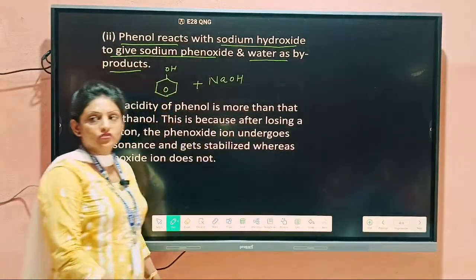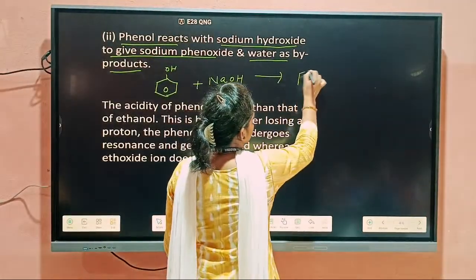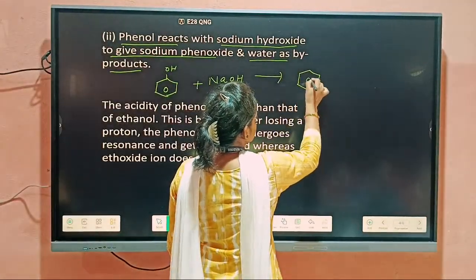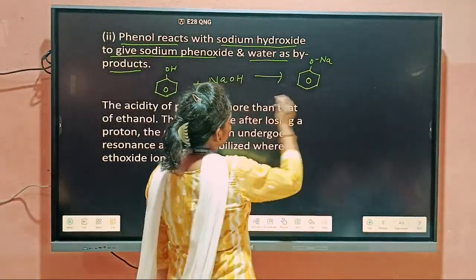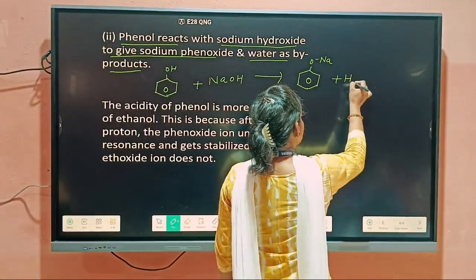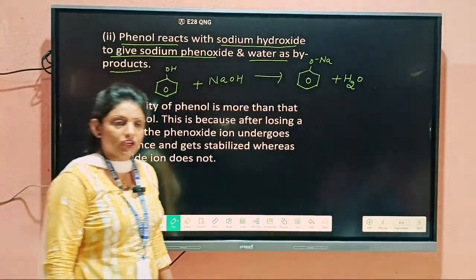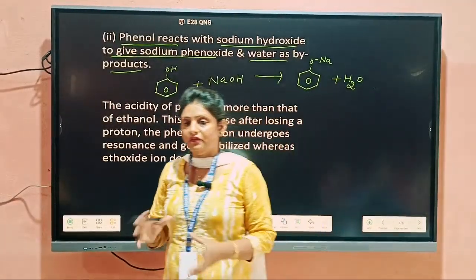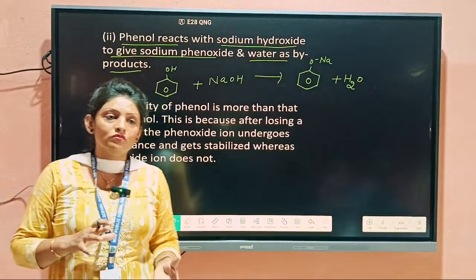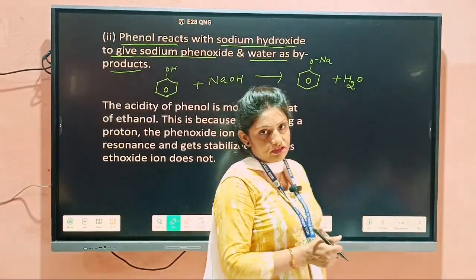This is the formula of sodium hydroxide, and it gives sodium phenoxide plus water. Students, you know very well about the acid-base neutralization reaction. When an acid and a base react with each other, they form salt and water. This reaction is known as the neutralization reaction.